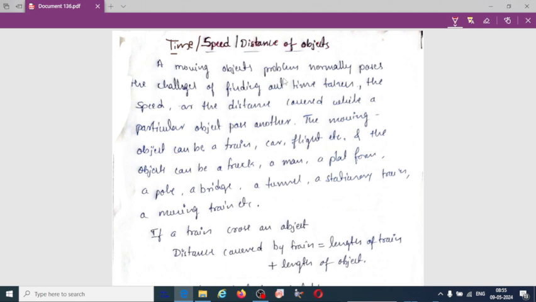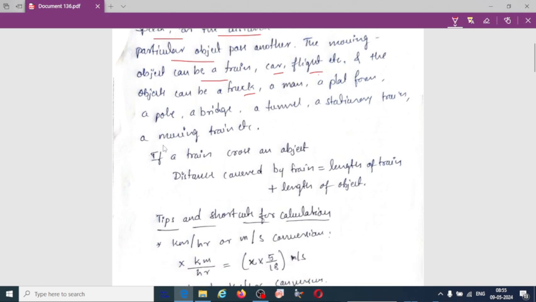A moving object problem normally possesses the challenges of finding out time taken, the speed and the distance covered while a particular object passes another. The moving object can be a train, for example, train, car, flight, and the object can be a truck, a man, a platform, a pole or bridge, a tunnel, a stationary train, or a moving train.